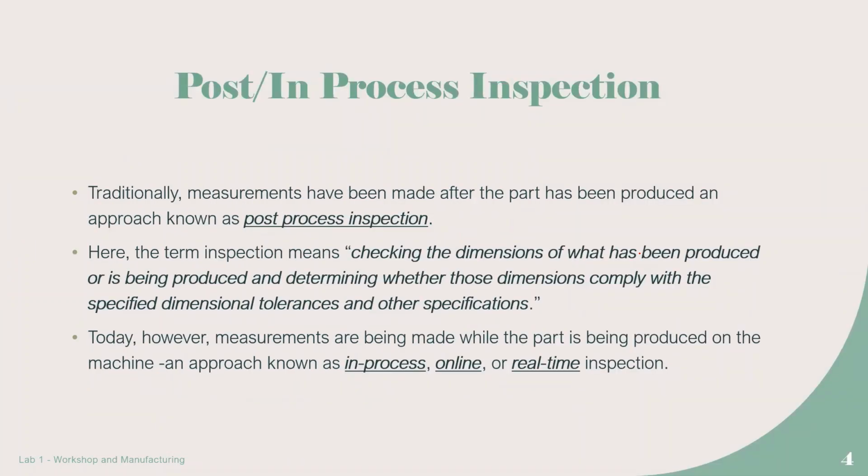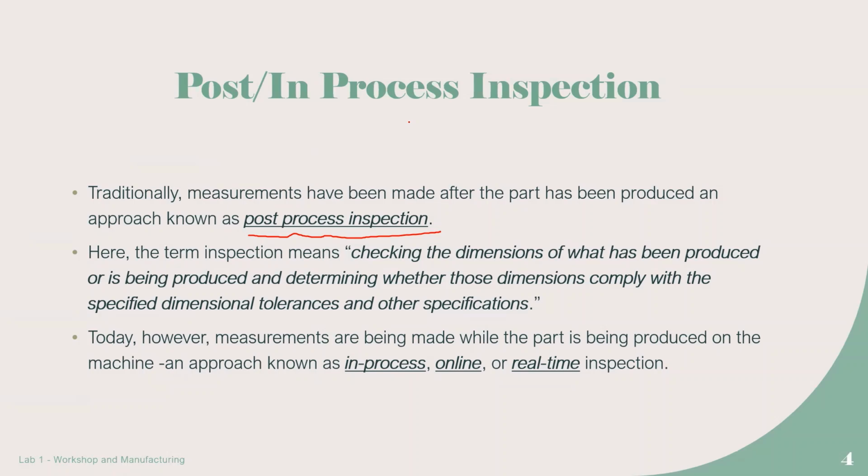We have post-process inspection and in-process inspection. Traditionally, the post-process inspection was used. That is to say, you're producing your part, for example, and your inspection would be after the production is done, production is made. This is post-process inspection.